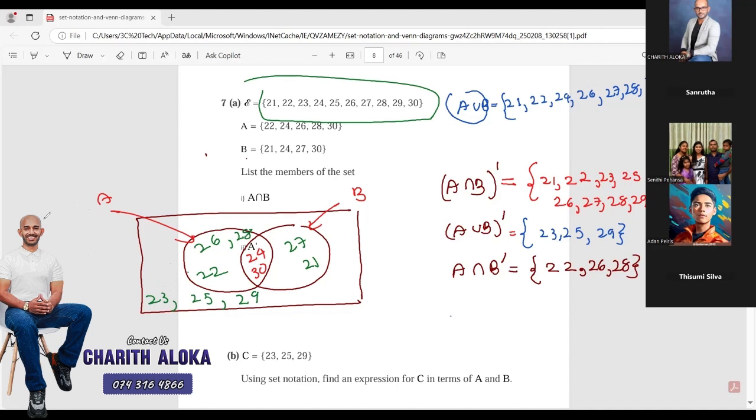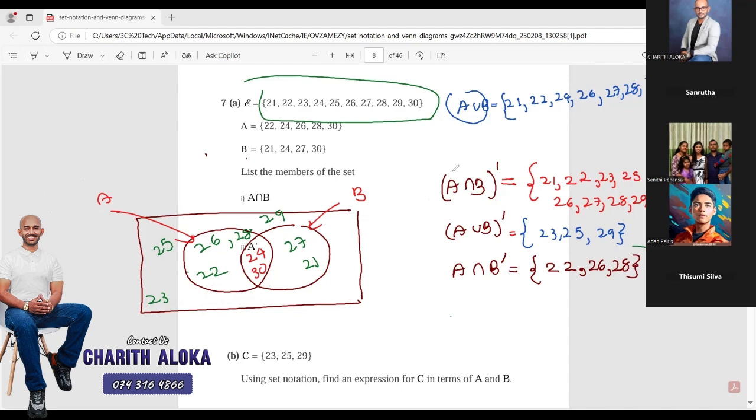So the other things, now you put the comma. 23, 25, 29. So if they ask you to shade the region, that's the thing. But here I told you to shade the region. A union B.